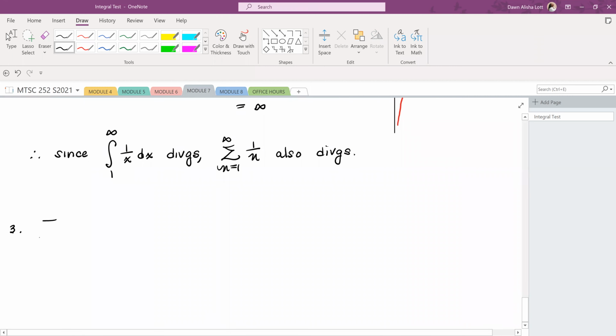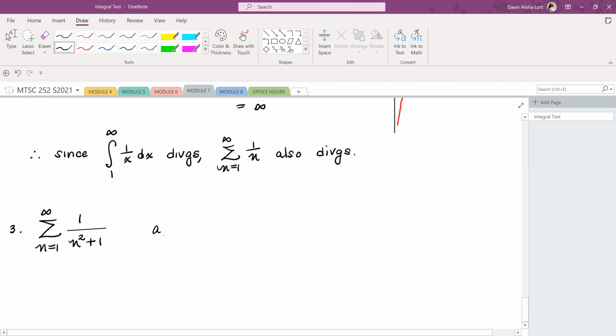The sum from n equals 1 to infinity of 1 over n squared plus 1. I said to you we didn't have the tools at the time to determine whether or not this series converged or diverged. But we do now.